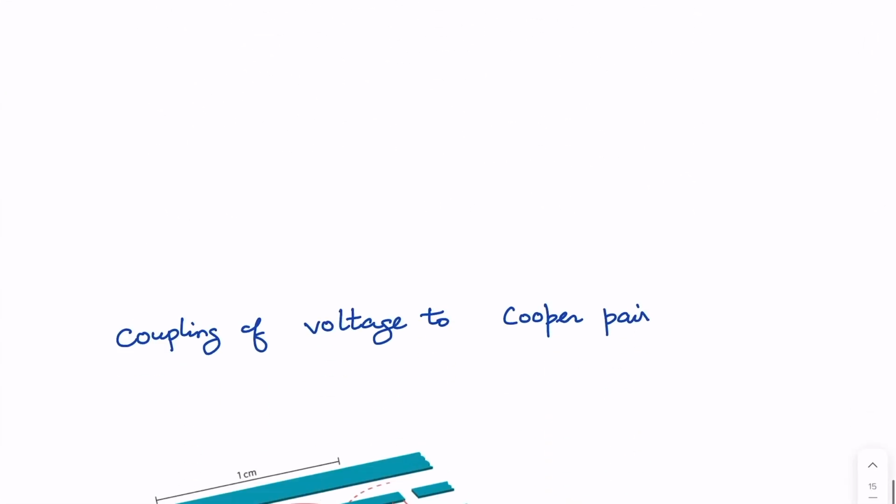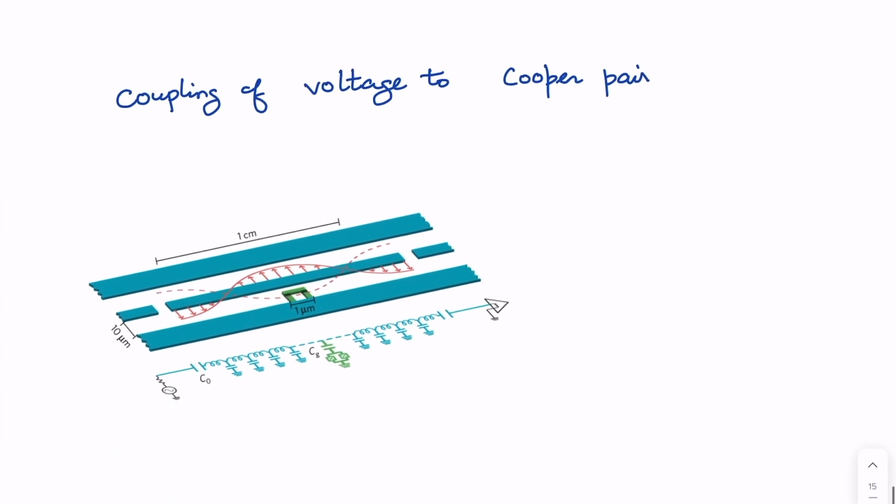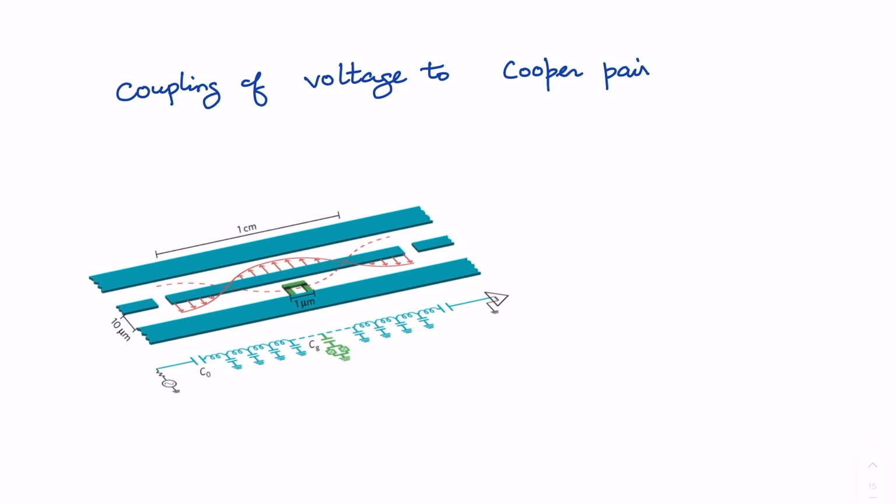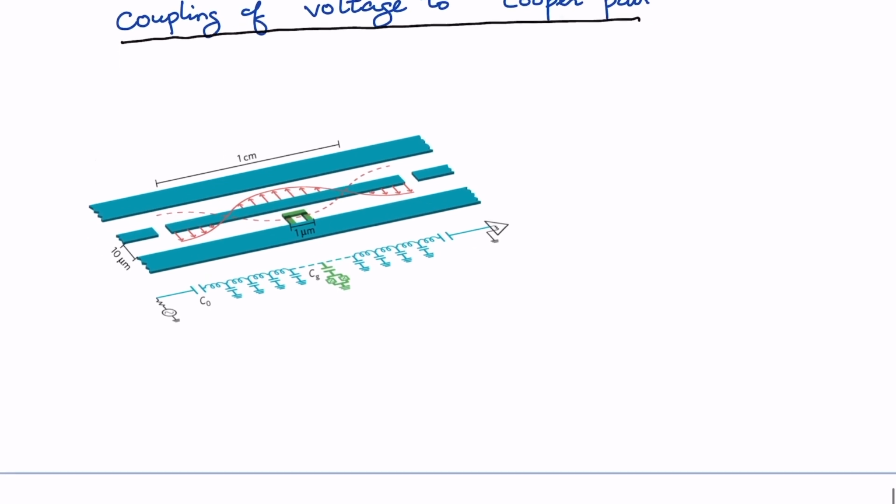Now the Cooper pair, or for that matter any superconducting qubit, interacts with the microwave in the resonator via this voltage. Let us understand how coupling of the voltage to the Cooper pair box happens. Now let me remind you about this particular diagram that I have shown you earlier. Here as you can see, this green box, which is the Cooper pair box, is getting coupled to the microwave via the voltage or the current signal.